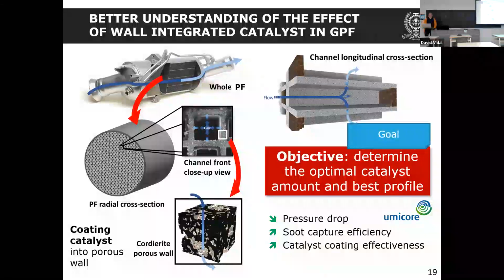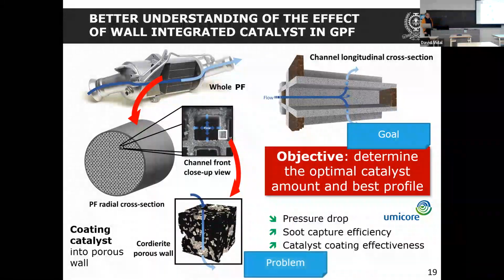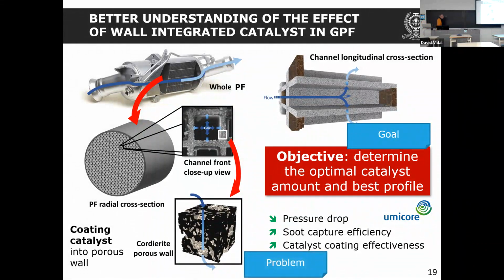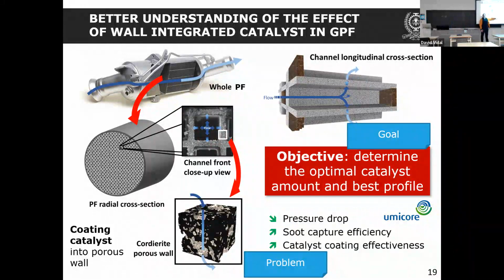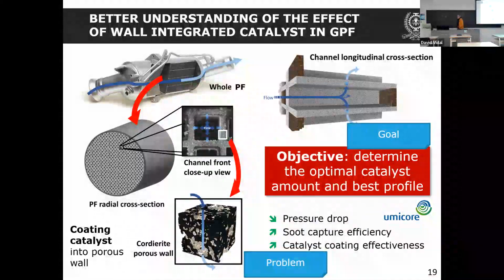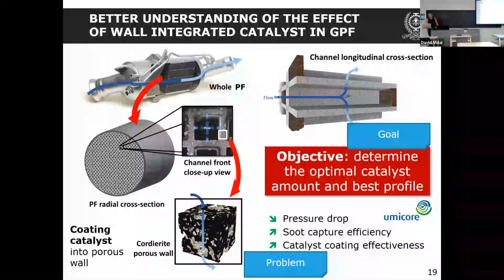So if I come back here to the modeling cycle, basically the objective is the goal: the lowest pressure drop possible, higher soot capture efficiency, and higher catalyst coating effectiveness.